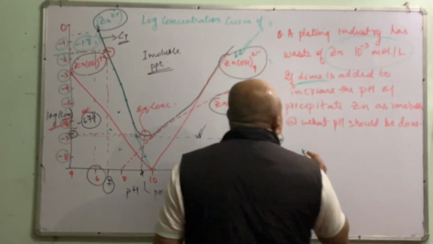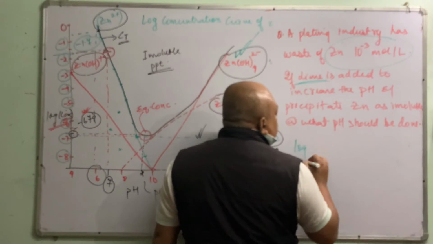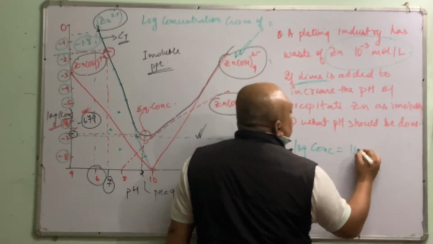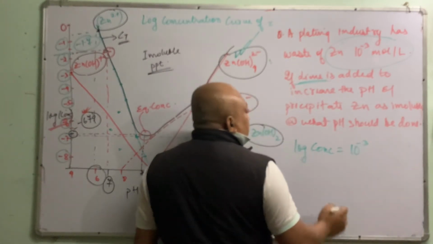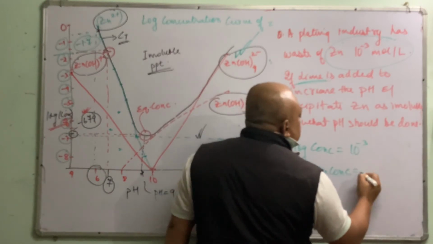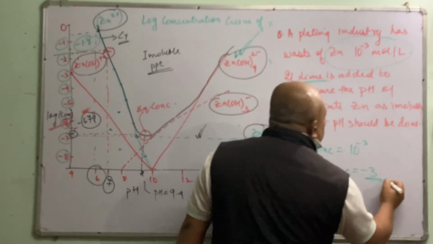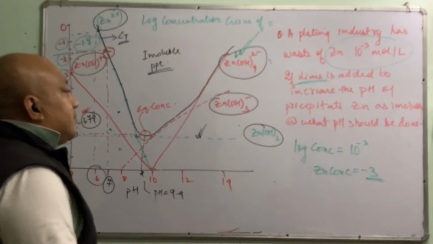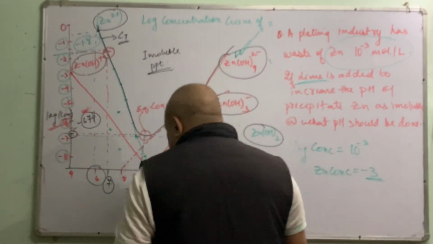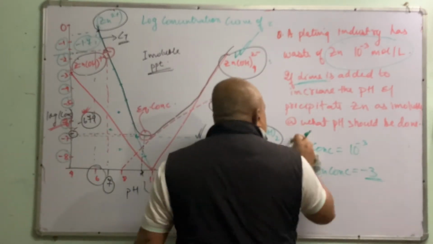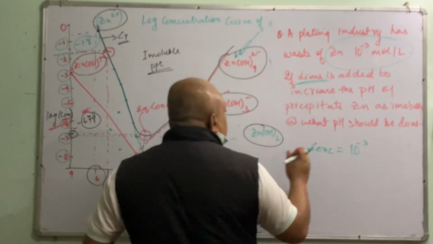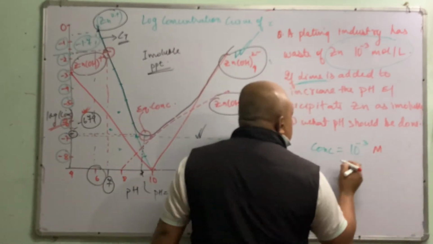So here, log concentration is equal to 10 to the power minus 3. Therefore, zinc concentration is equal to minus 3, correct? No. Concentration is 10 to the minus 3 moles.